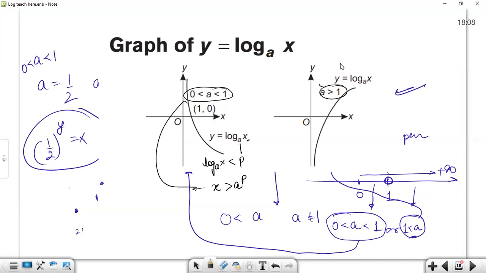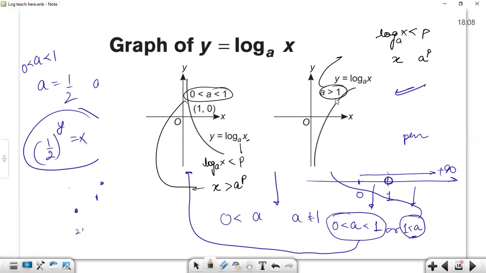Whenever there is a scenario like this, so let us say logarithm of x to the base a is less than p. We'll do the same procedure. First of all, we'll write x here and we'll bring the base to the other side of the inequality. Now we'll decide on the basis of a's value whether the inequality sign will remain the same or change.